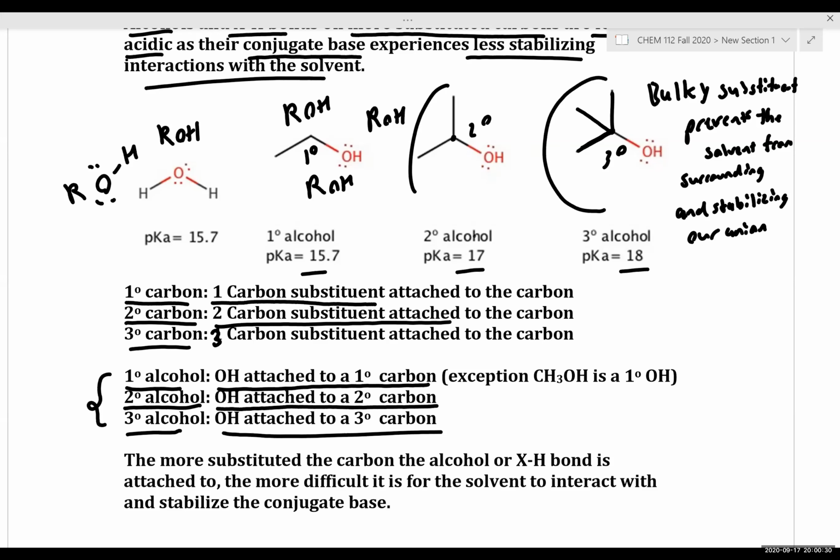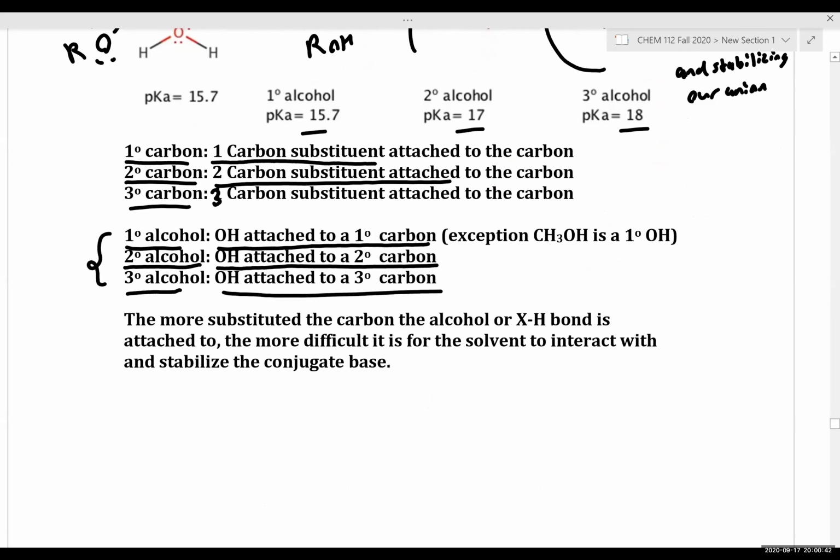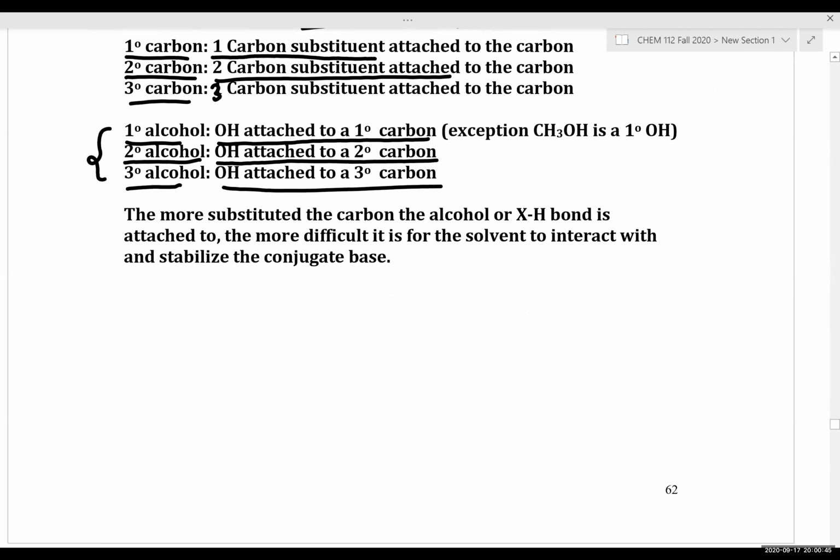They're relatively minor, but just because they're minor doesn't mean they can't make a difference. So the more substituted the carbon the alcohol or XH bond is attached to, the more difficult it is for the solvent to interact with and stabilize the conjugate base.